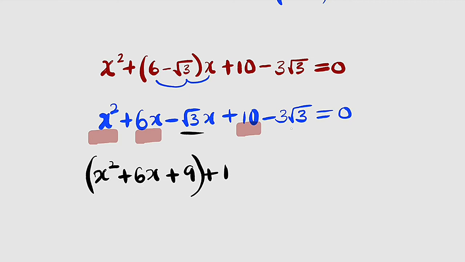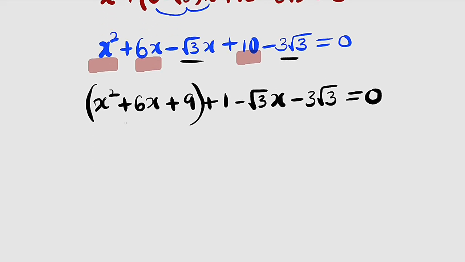We still have these terms together, so we have minus root 3 x minus 3 root 3. The whole of this is equal to 0. So let's factorize this. You take x plus half of the coefficient of x, 6 divided by 2 is 3, all to the power of 2.